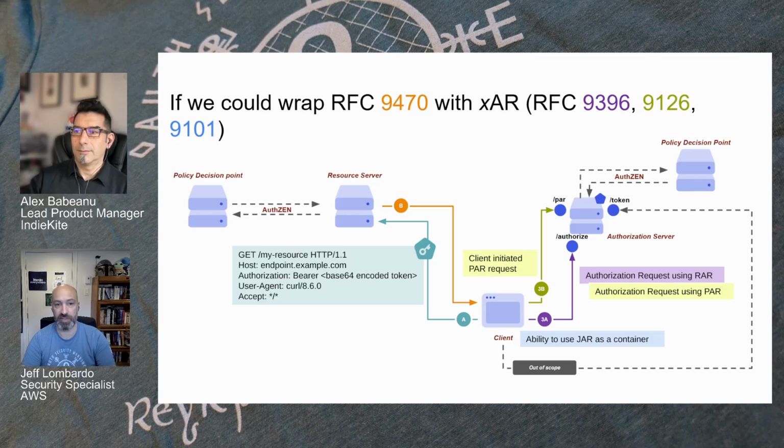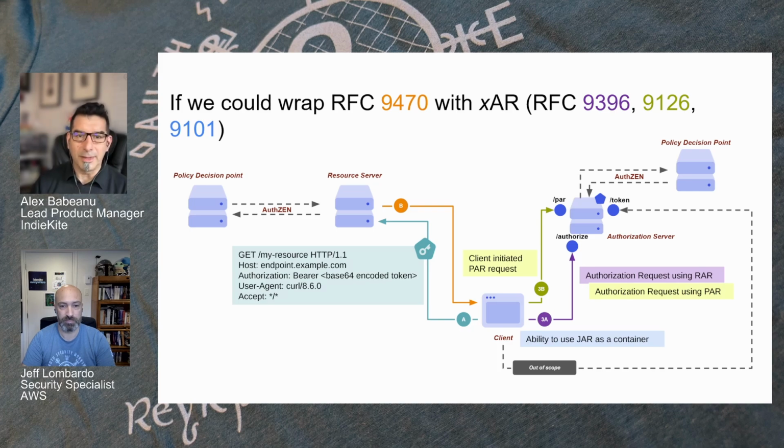What is AuthZEN, Alex, here? So AuthZEN is the protocol that is currently in its implementer's draft. It's a standard within the OpenID Foundation. And the goal there is to make those policy decision point services or servers interoperable.